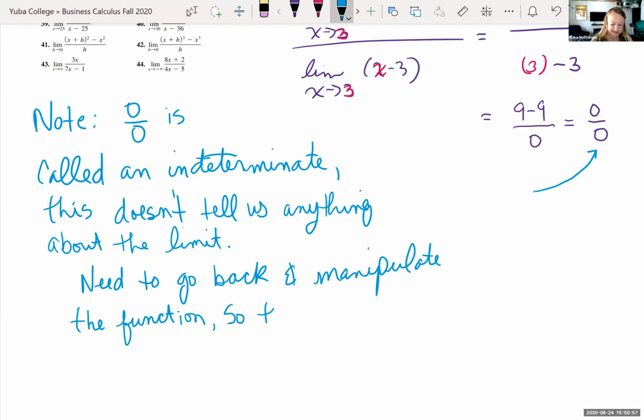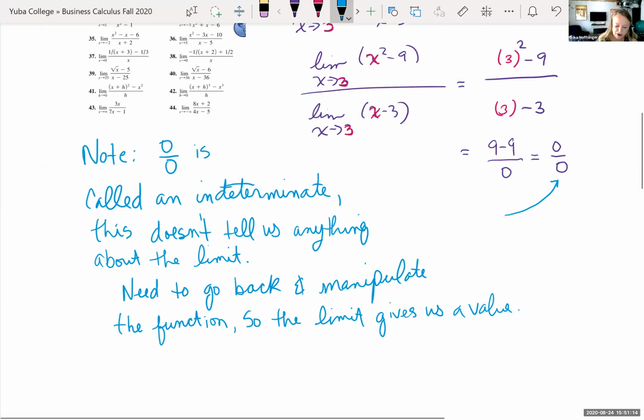Then the limit gives us a value. Okay, so like I said, we can factor.